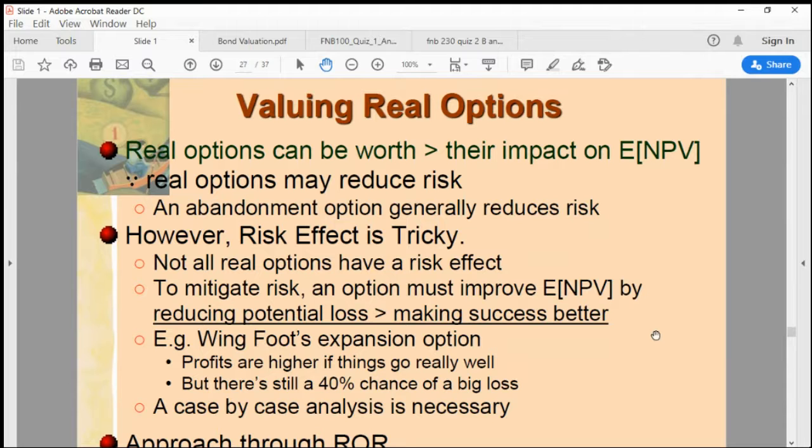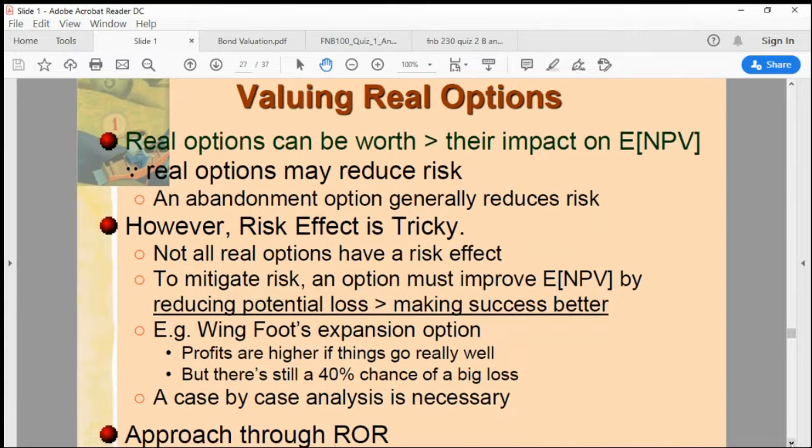Making success better doesn't do anything to mitigate the risk, because success is already success. That's not the risk, right? So rather than making success better, reducing the potential loss would improve the risk situation. In other words, it would mitigate the risk, right?